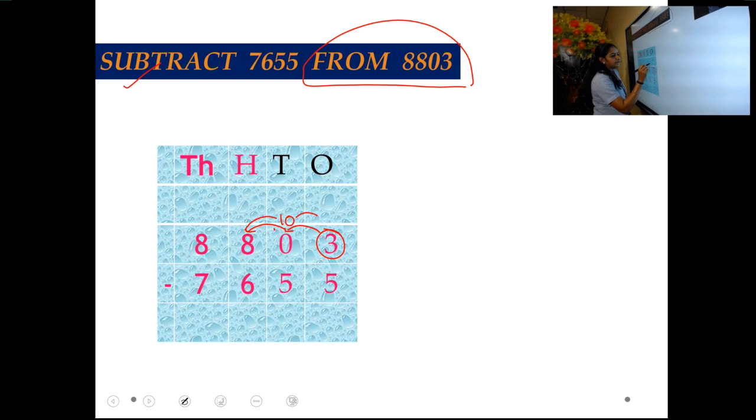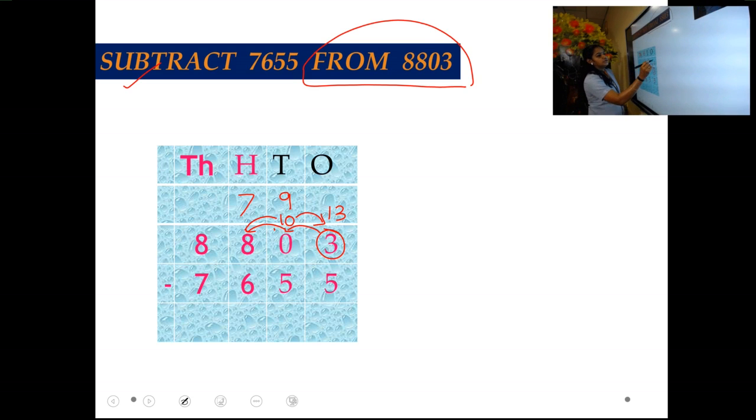And from that 10, we borrow, and that 10 gives 10. 10 plus 3, what will we get? 13. And here we borrowed, so 10 will become 9. And here also 8 became 1 down 7.